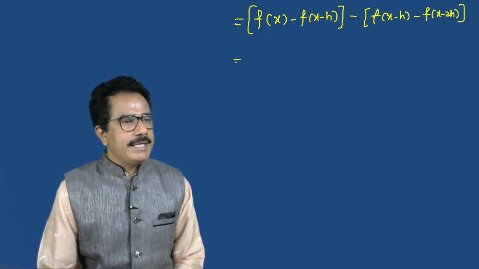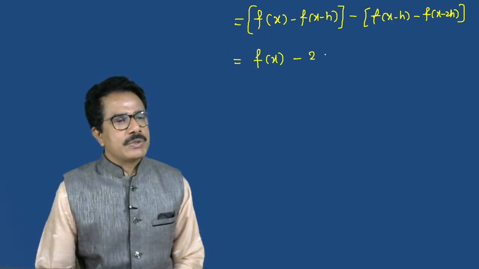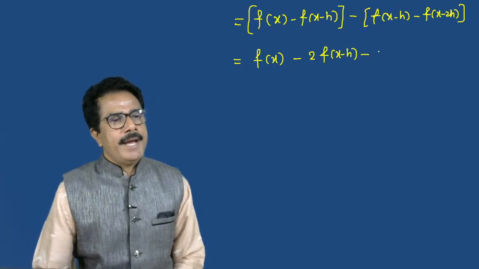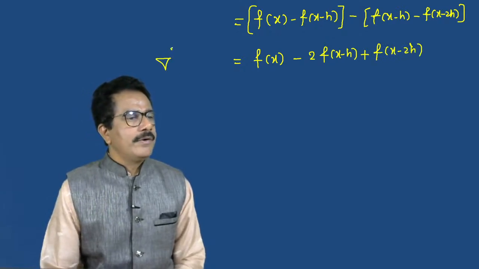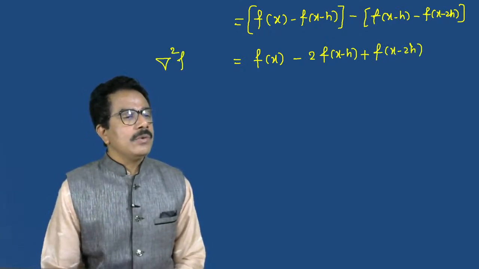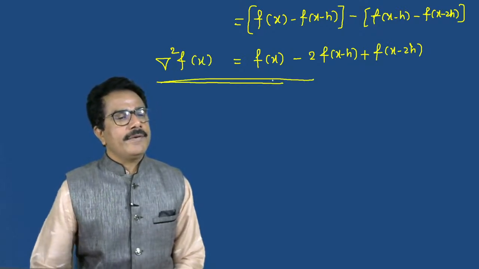So we get f of x minus 2 times f of x minus h plus f of x minus 2h. This is the value of del squared f of x, the second difference operator.